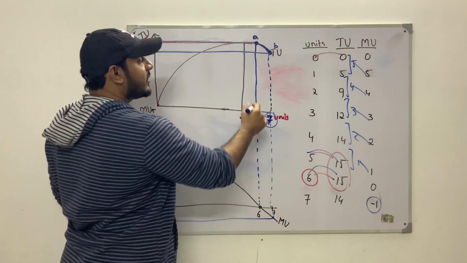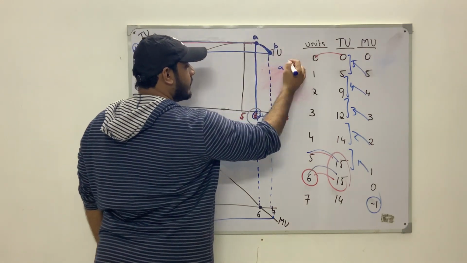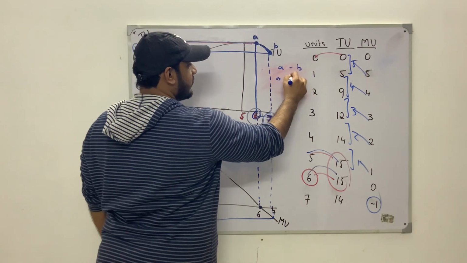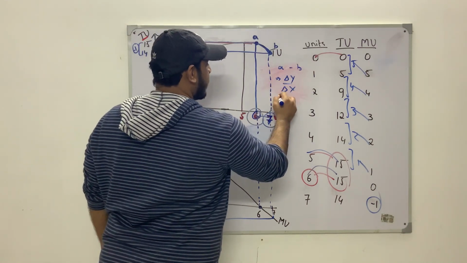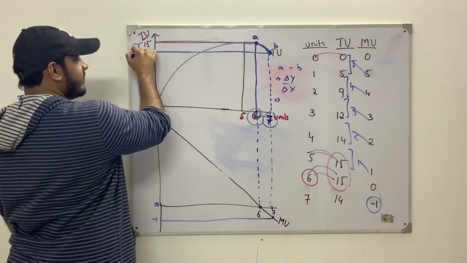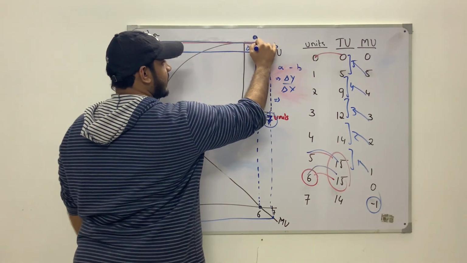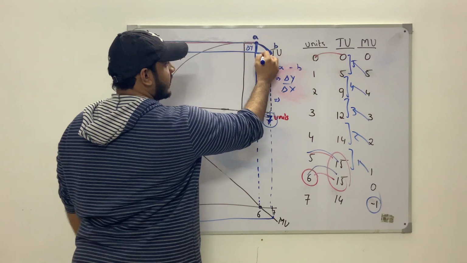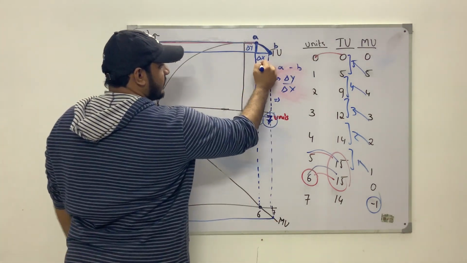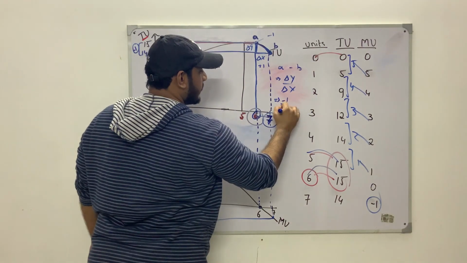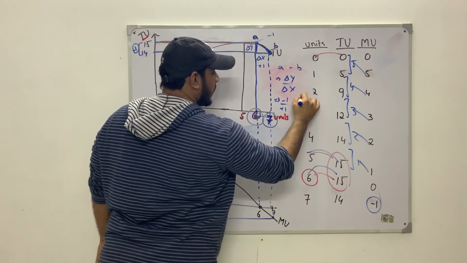Now if I want to calculate the slope between point A and point B, it would be change in y over change in x. So what is the change in y? The change in y is -1, right? This region is telling us the change in y, and this is the change in x. So the change in x is +1, the change in y is -1. So -1 over +1 gives us a slope of -1.